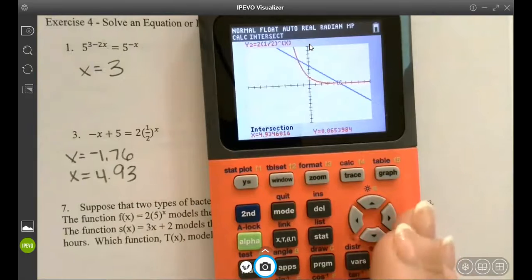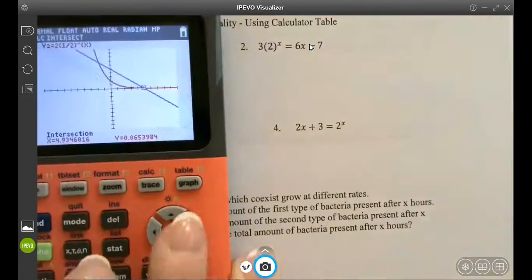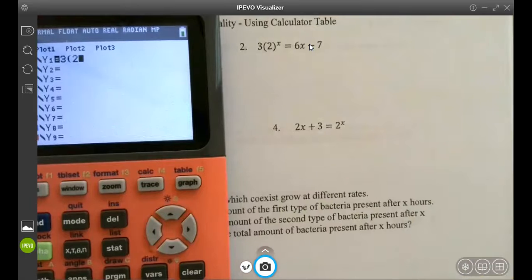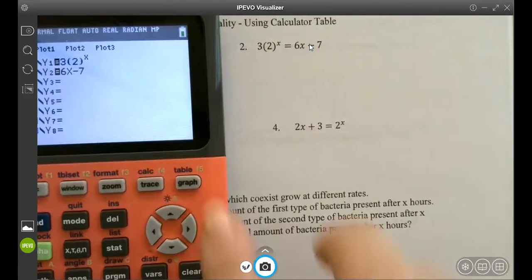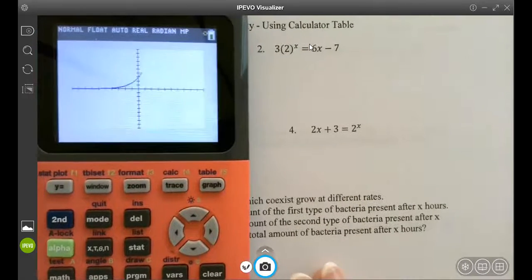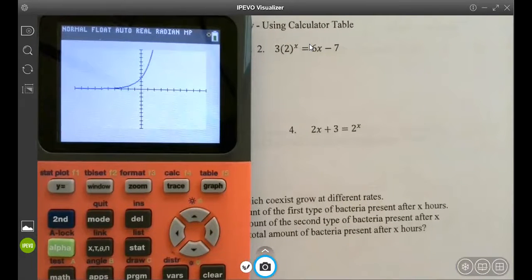All right, everybody good with those 2? We'll switch to the other side. Clear these out. 3 times 2 to the x on one side, 6x minus 7 on the other. I'm going to graph it. Can I see my intersection?